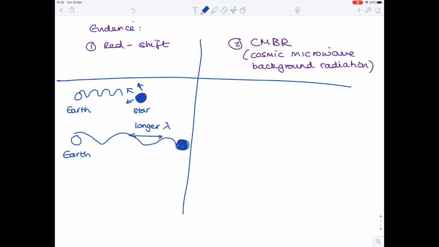And if we were to look at the spectrum of colours, when you have a longer wavelength, it means that the light emitted is going to be redder. Hence why we describe this as redshift. So the light has been redshifted.